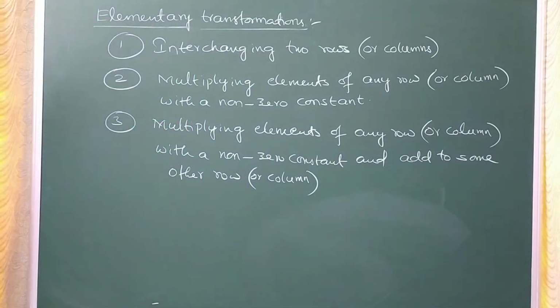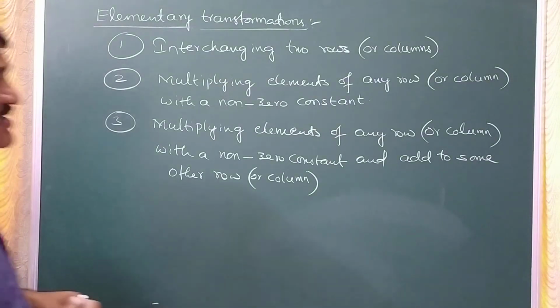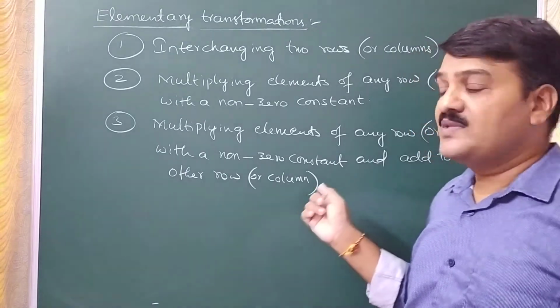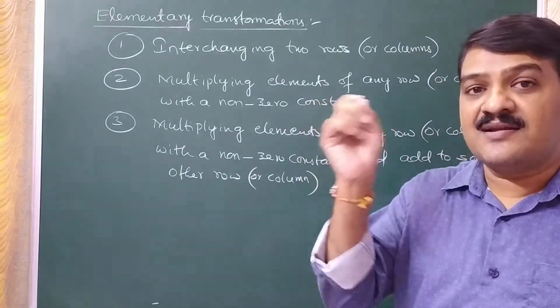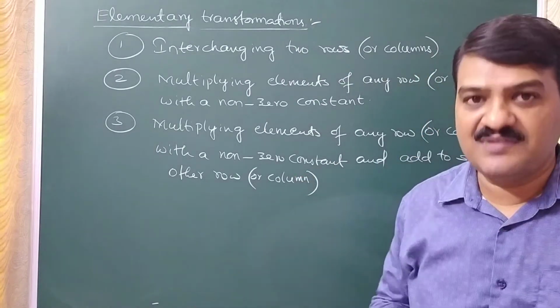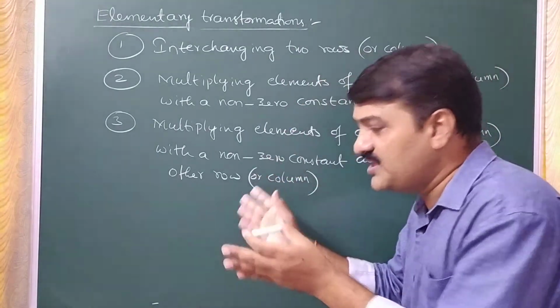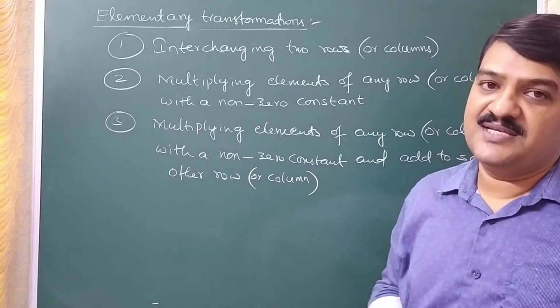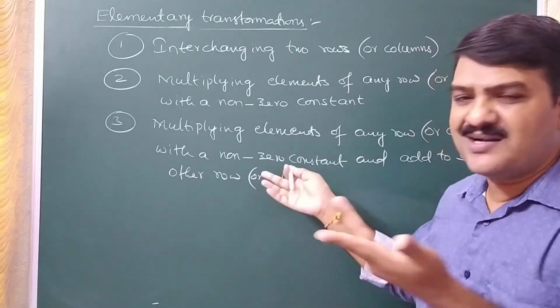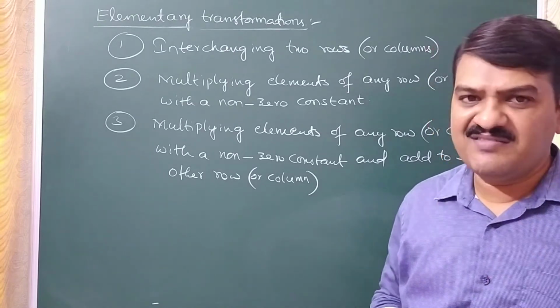Okay. So these are the three conditions you can use on a matrix such that its rank does not change. By using these, we can find the rank easily. For a 2 by 2 matrix or 2 by 3 matrix, these are not required. Simply you can find very easy.